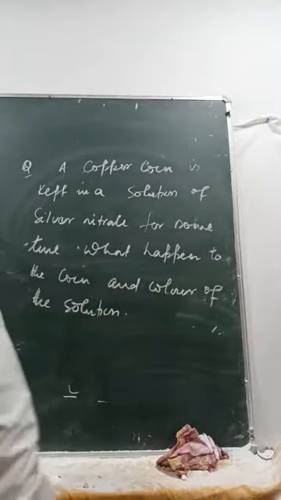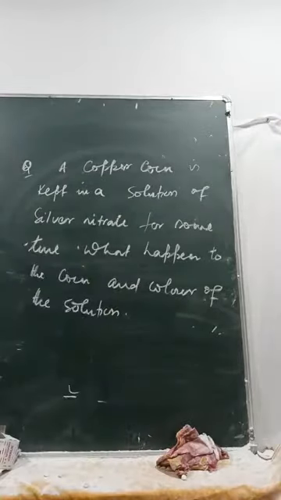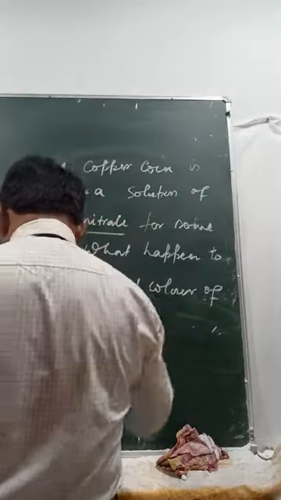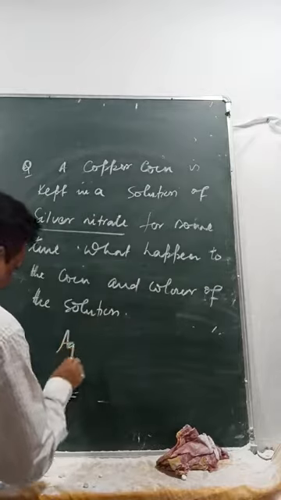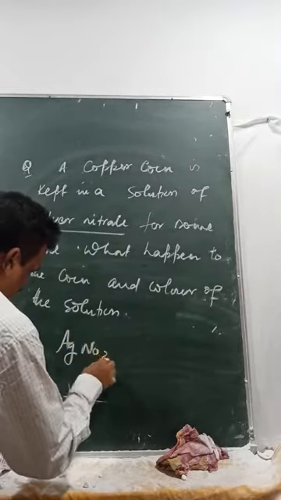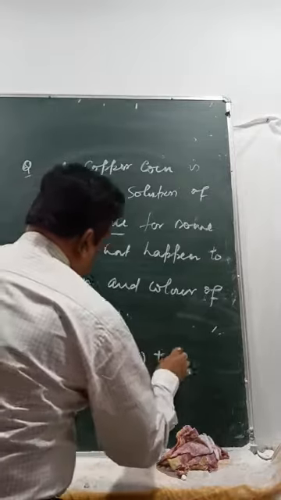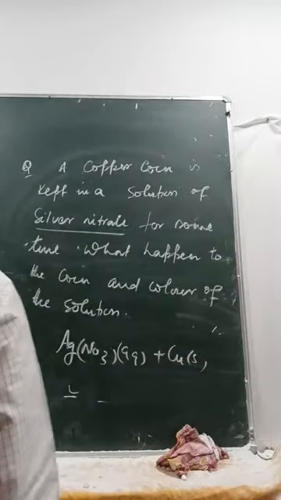Okay, so what you have to write? Same thing, you can start. Copper coin kept in a solution of silver nitrate, AgNO3, aqueous, and a copper solid coin is kept. What do you get?